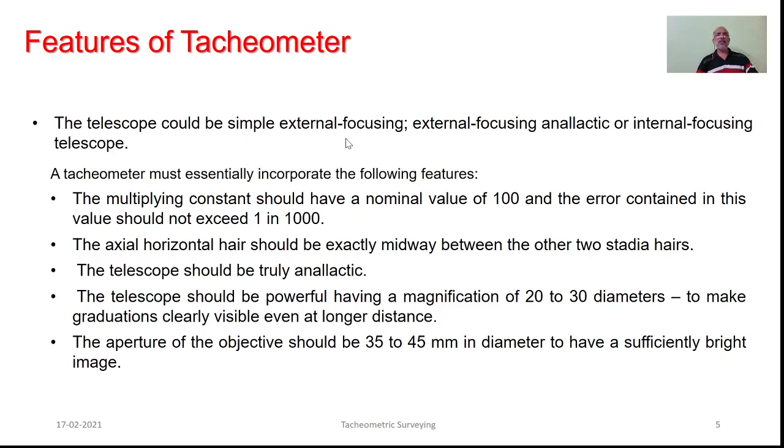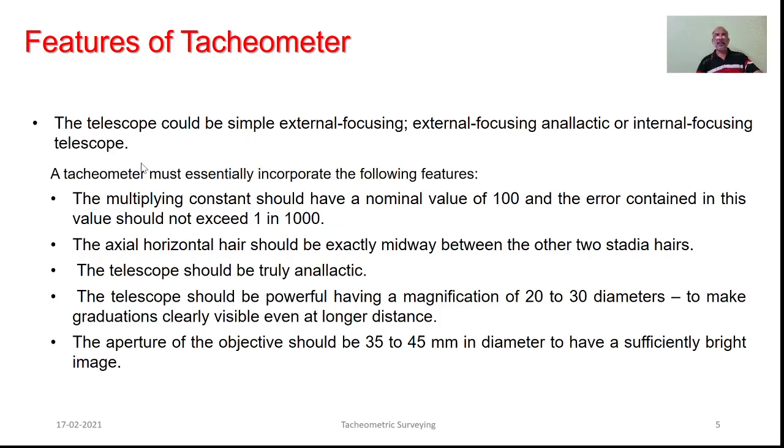Some other features of the tachometer. This telescope could be simple external focusing, which is equipped with an analytic lens, or it could be an internal focusing telescope. It also has additional features such as the multiplying constant having a value of 100.